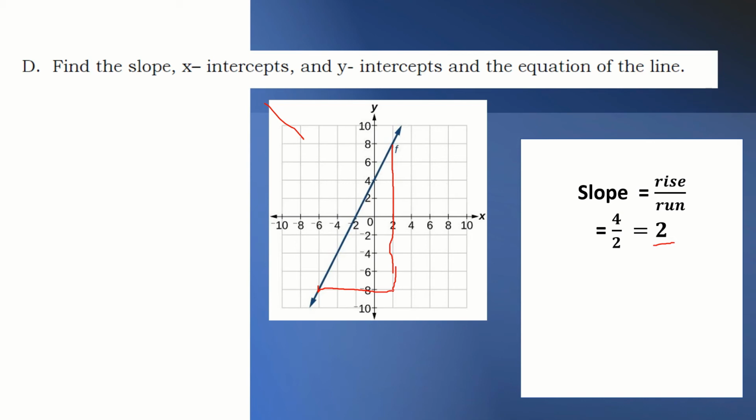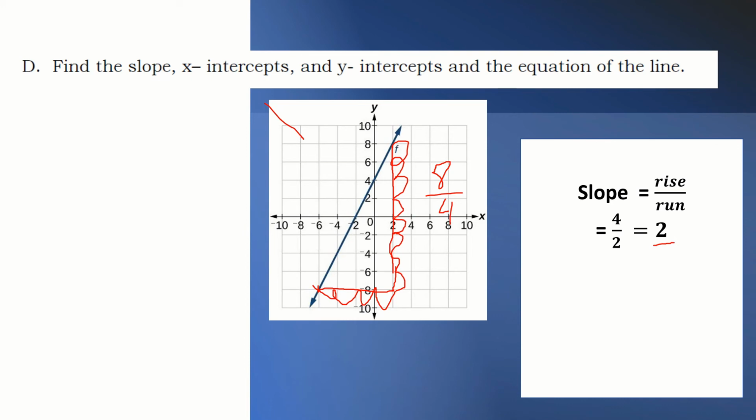Ayan. So, bibilang lang kayo ng marami dyan. 1, 2, 3, 4, 5, 6, 7, 8. Then, ang run nyo is 1, 2, 3, 4. So, still, 8 over 4 is, okay, 2.